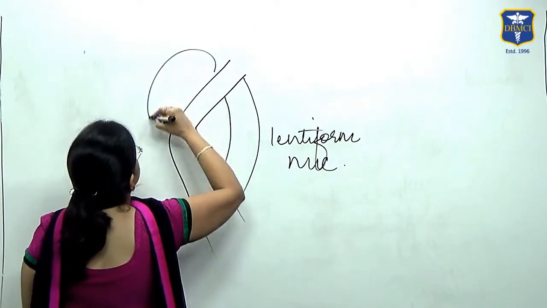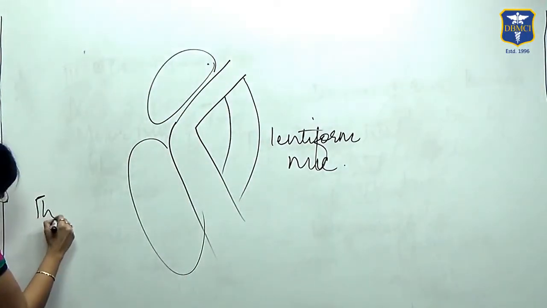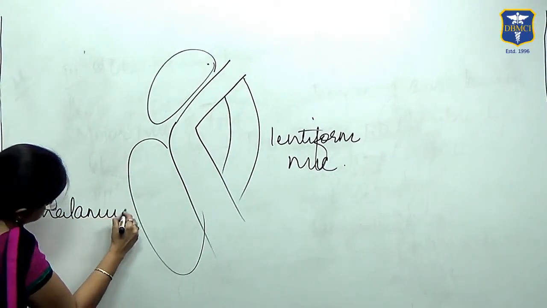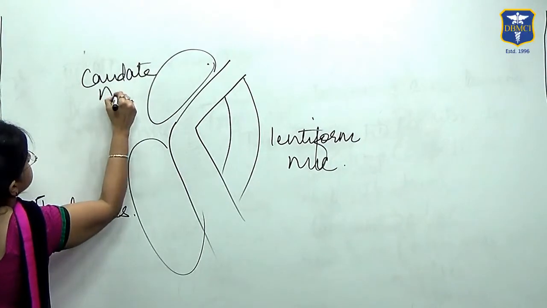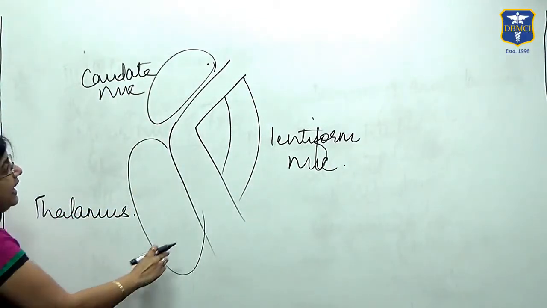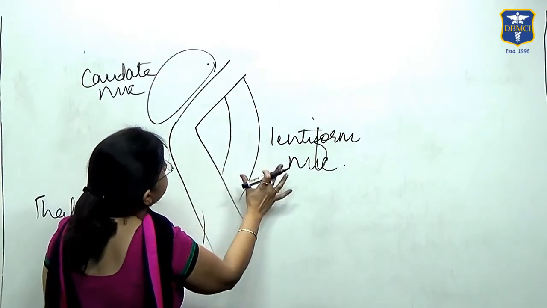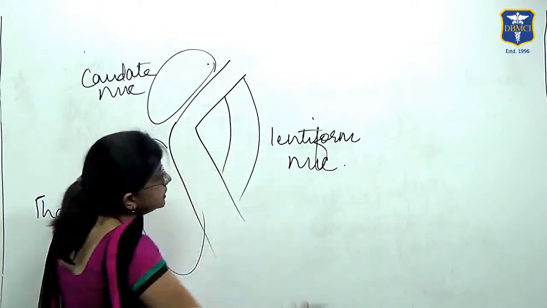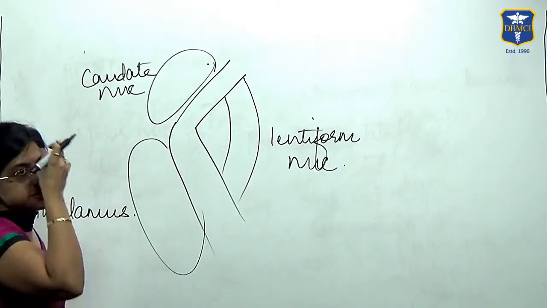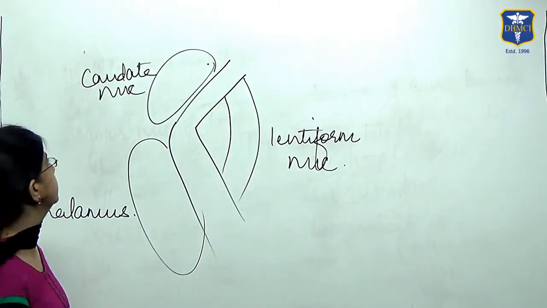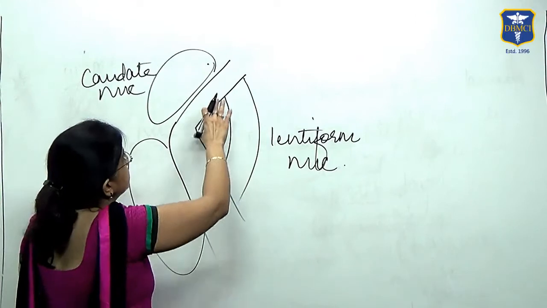Medially, we have the caudate nucleus and the thalamus. L for lateral, L for lentiform. So lentiform nucleus is present lateral to the internal capsule, whereas caudate nucleus and thalamus are present medial to the internal capsule.